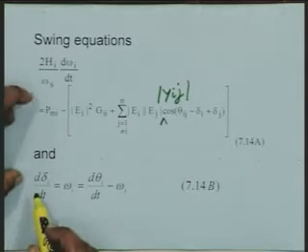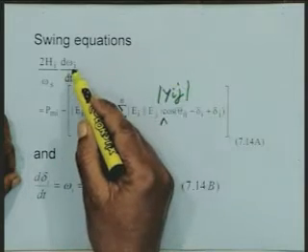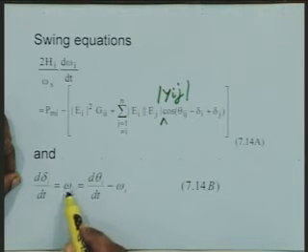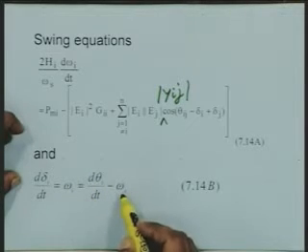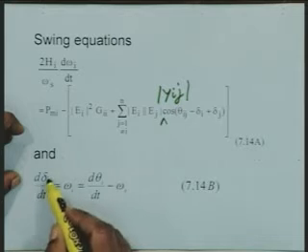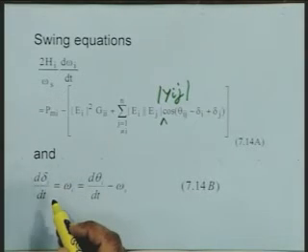Then this is the main equation, and we write down d delta i by dt equal to omega i, which is equal to the actual speed of the rotor minus synchronous speed, because d delta i by dt is the excess speed of the rotor over synchronous speed.